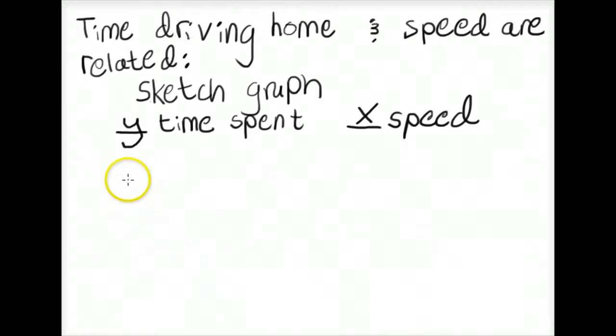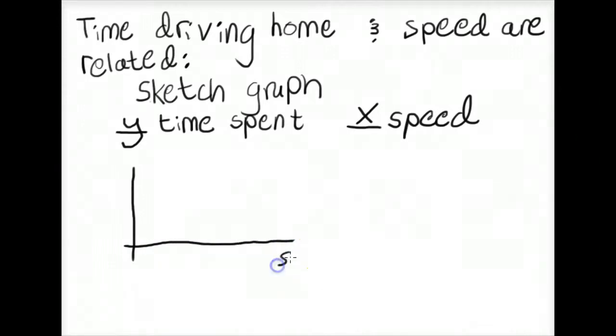So let's first start by setting up our axes. We're going to call this speed and this time. So we can now figure out both the domain and range too. Since we're dealing with speed, which is an absolute value, we know that the speed is not going to be negative.